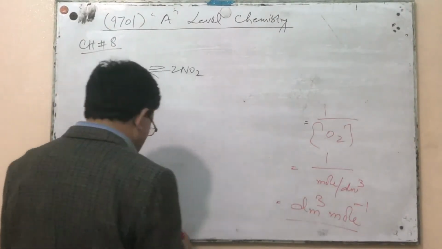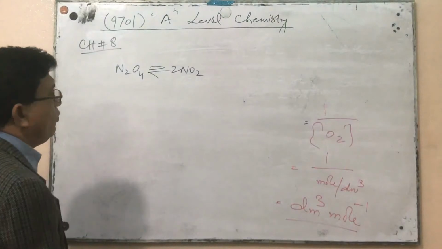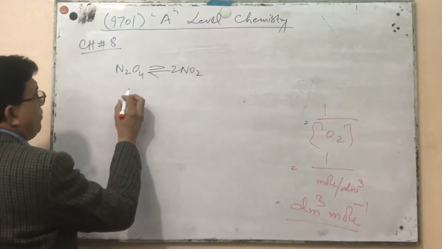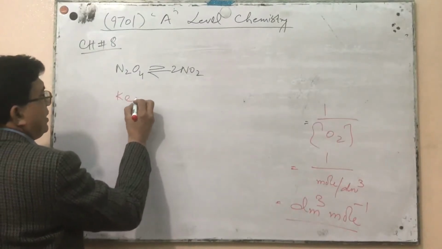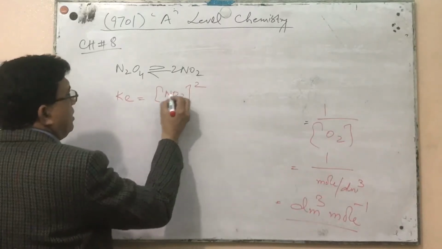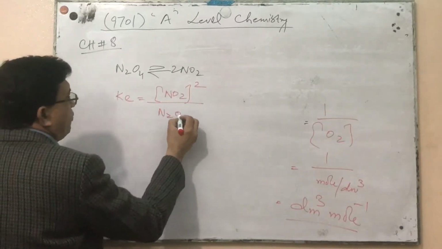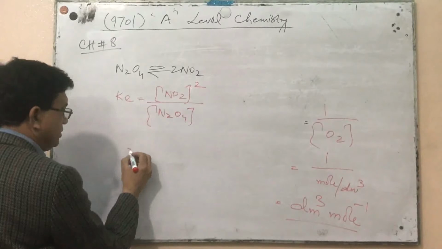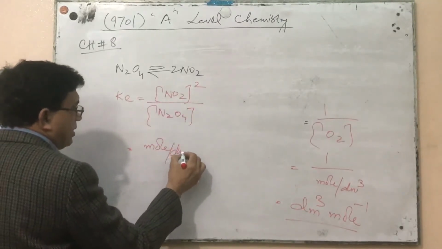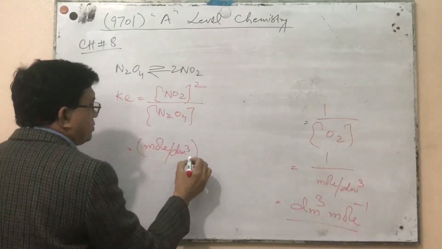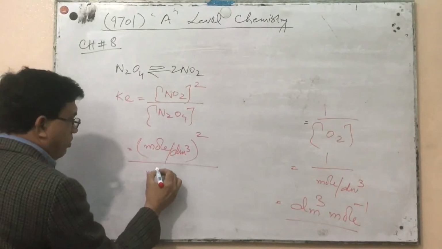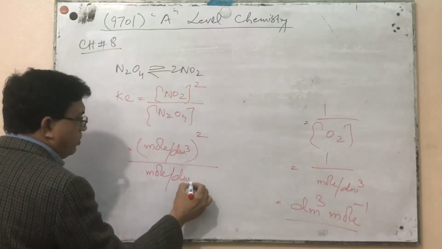Now, if we apply the same formula for this reaction, how do we get the unit? Kc is equal to NO2 molar concentration squared over N2O4 molar concentration. It means we can write mole per dm cube squared, divided by mole per dm cube only one time.